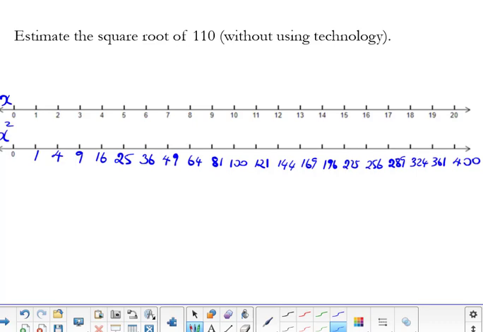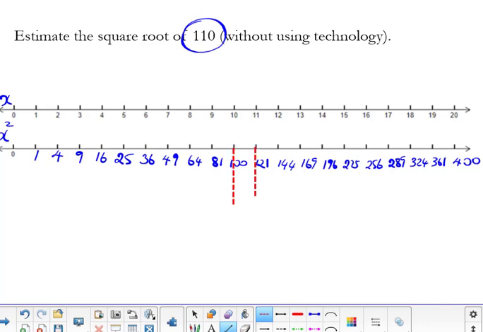Okay. Now, we're asked to go through and find the square root of 110. Now, on our number line here, you can see 110 is somewhere between 100 and 121. It's roughly halfway in between, I would say.